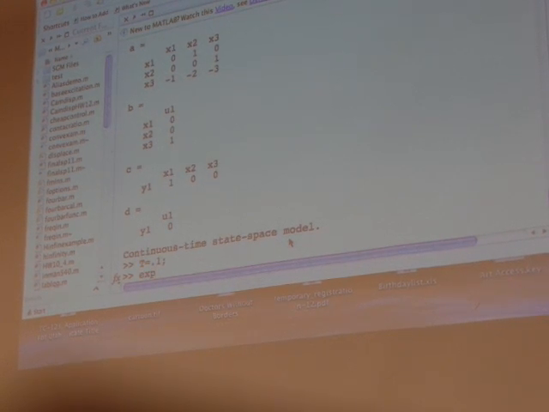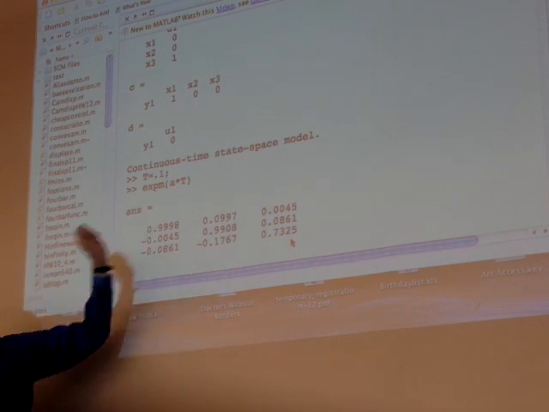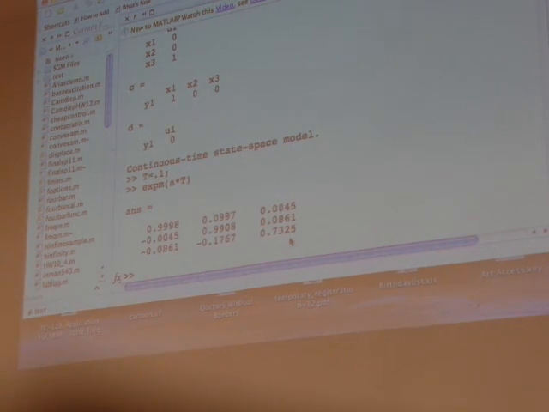It's the matrix exponential of my A matrix times my sample time. That's my state transition matrix, numerically, for a time sample of 0.1. And this will change according to whatever my time sample is. I'm saying I'm running my system at 10 hertz. Pretty slow.